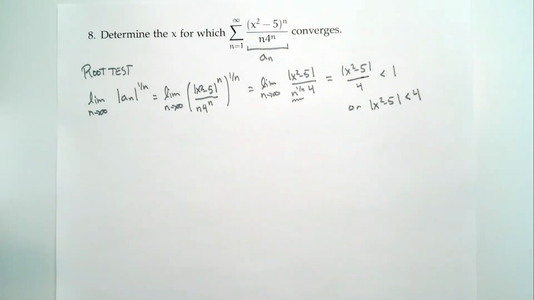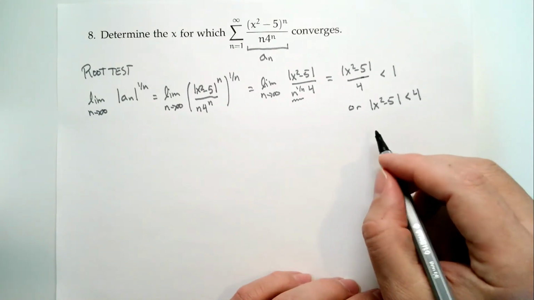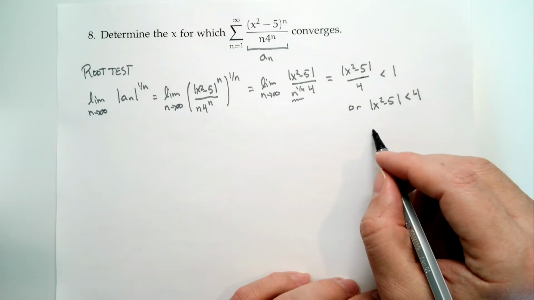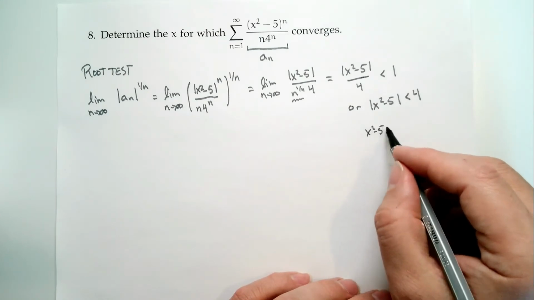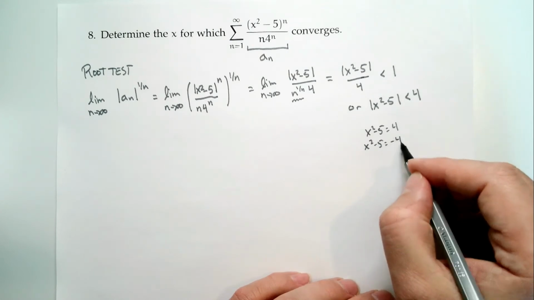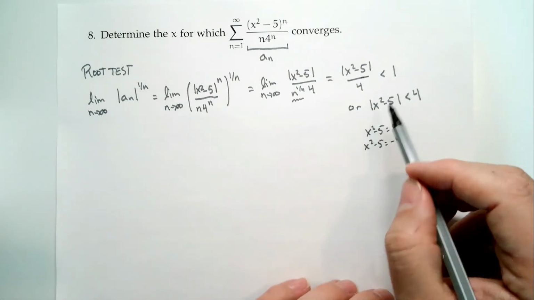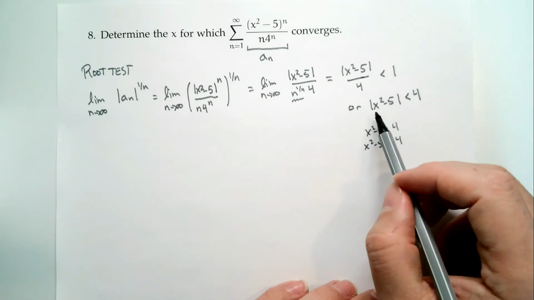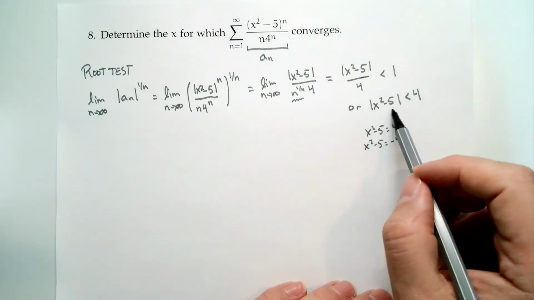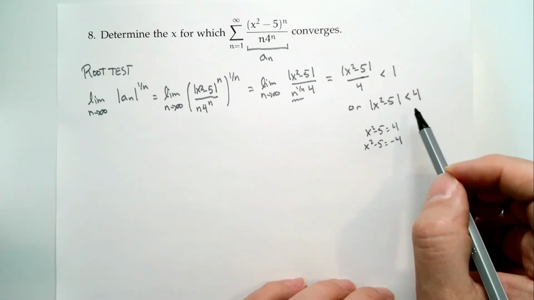Now, what does that tell us? Well, it tells us that really we have two interesting points. Let's think about our endpoints for a second. So our endpoints will be when x squared minus 5 equals 4 and x squared minus 5 equals negative 4. So really, if you have the absolute value of x squared minus 5 less than something, your endpoint is when the absolute value equals something.